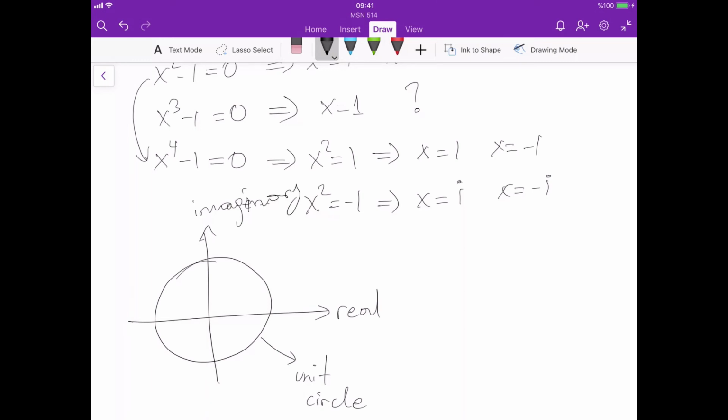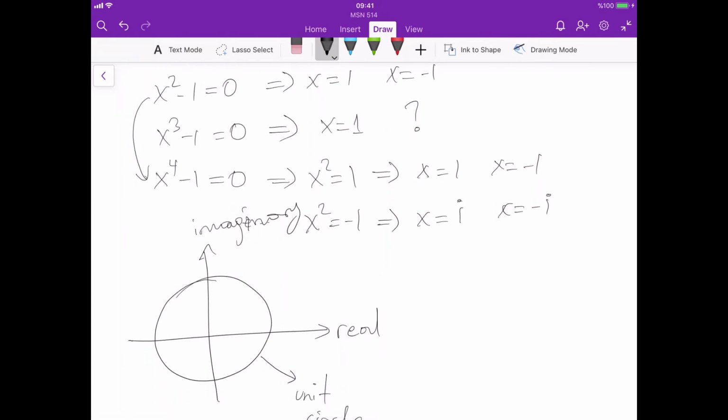You can see that for the first equation, the solution was this one, right? For the second one, the solution was this one. And for the fourth one, the solutions were this one, this one, this one, and this one. This is 1, this is i, this is minus i, and this is minus 1.